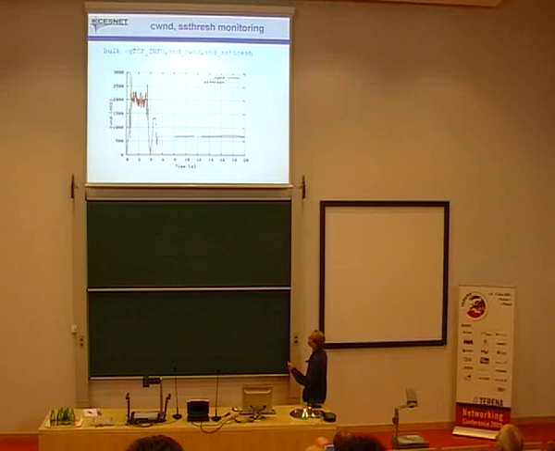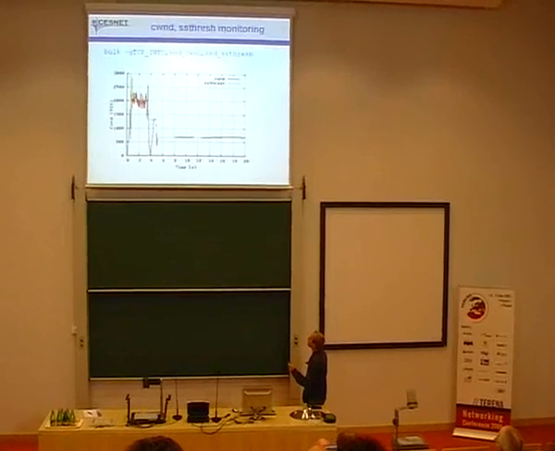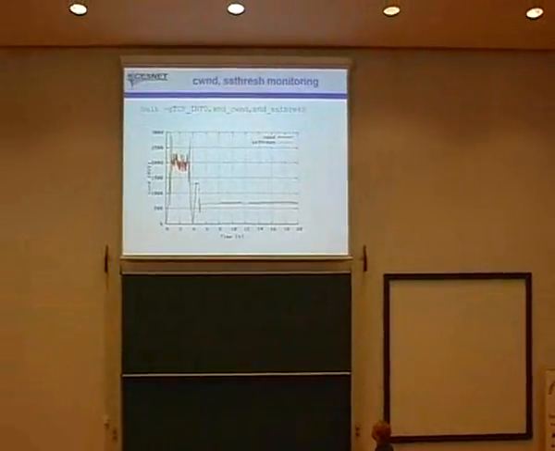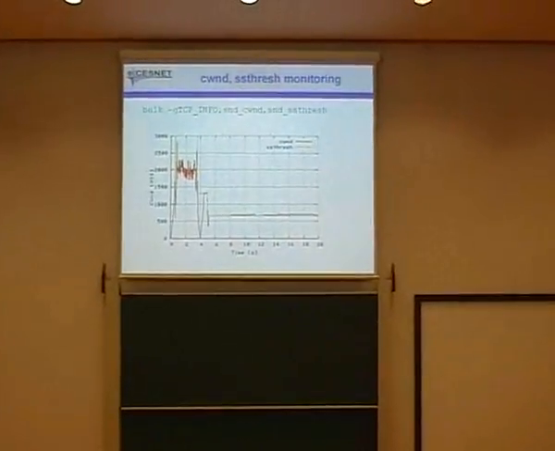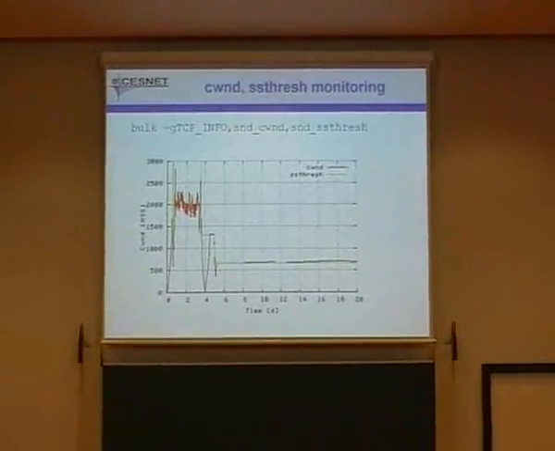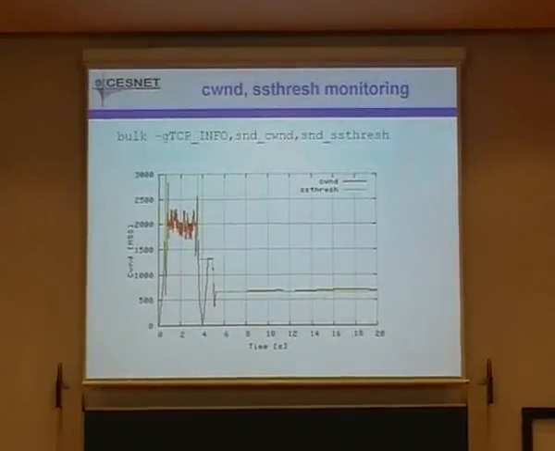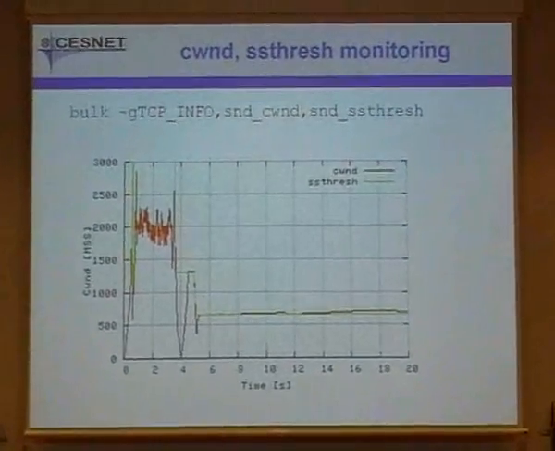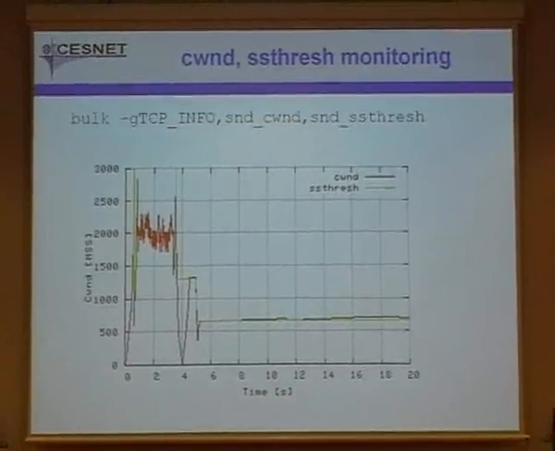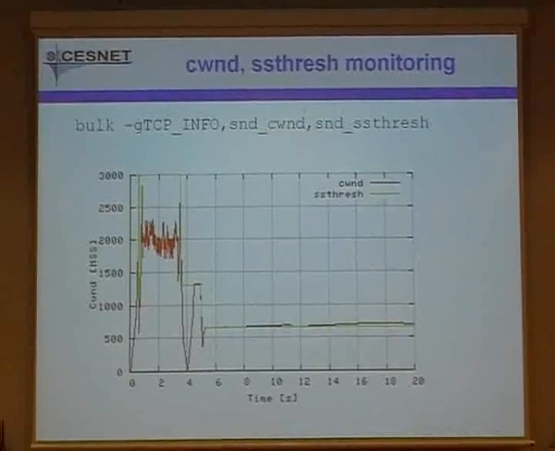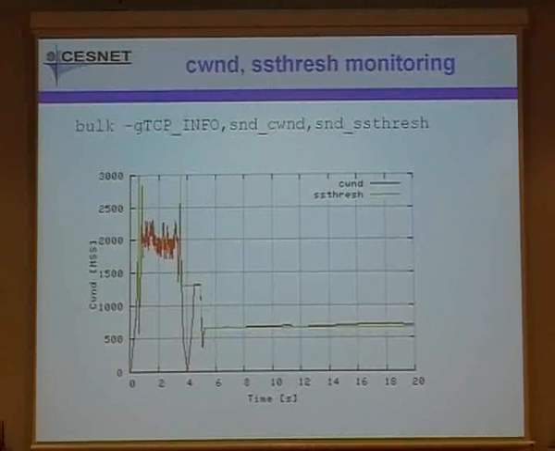We can get a TCP info option and add a list of its members which we want to read. In this case, we are monitoring the time development of sender congestion window and ssthresh variables, which are the two most important variables directing congestion control, as we already heard in this session.